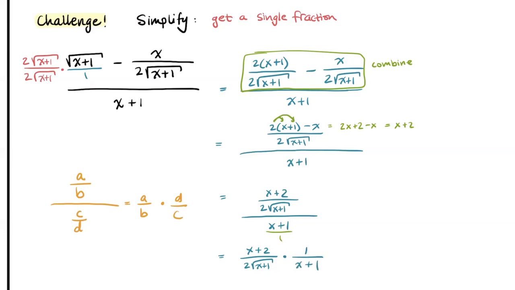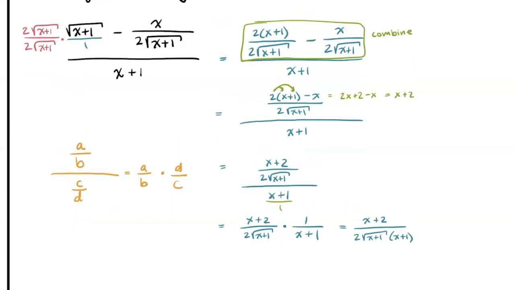All right, this is kind of looking good. Now we just multiply across the numerators and across the denominators. So it'll just be x plus 2 over 2 radical x plus 1 times x plus 1. And last but not least, we basically have the same base raised to different powers and multiplied.